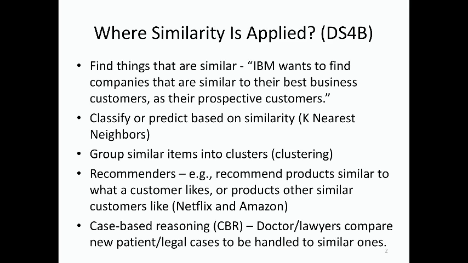These are widely used by a lot of e-commerce websites, Netflix and Amazon, but also for other products or application domains, including dating websites, including matching jobs with applicants. So this has a lot of monetization potential.